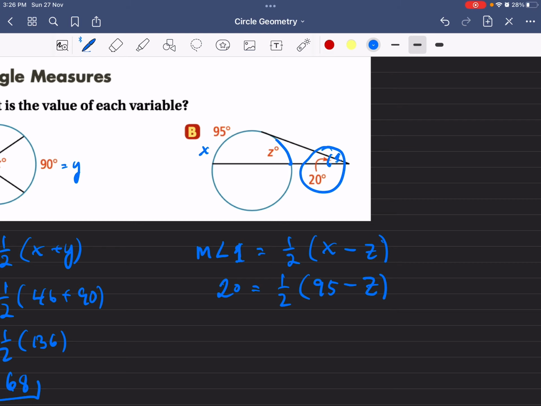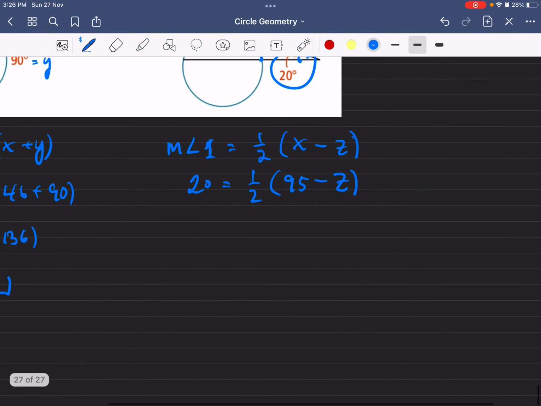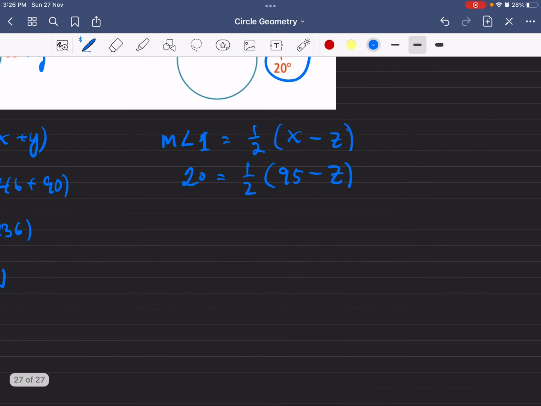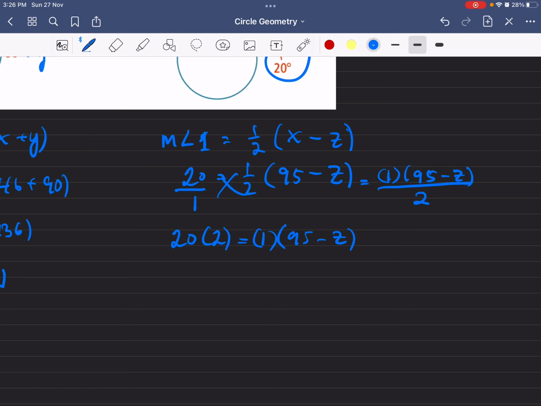For you to fully understand, all numbers have a denominator of 1, so it's 20 over 1, and this can also be written as 1 times (95 minus z) over 2. So what I do is cross multiply: 20 times 2 is equal to 1 times 95 minus z. So that's how it looks.